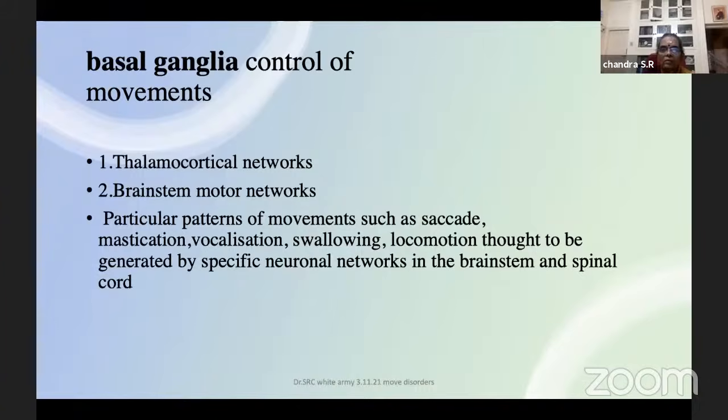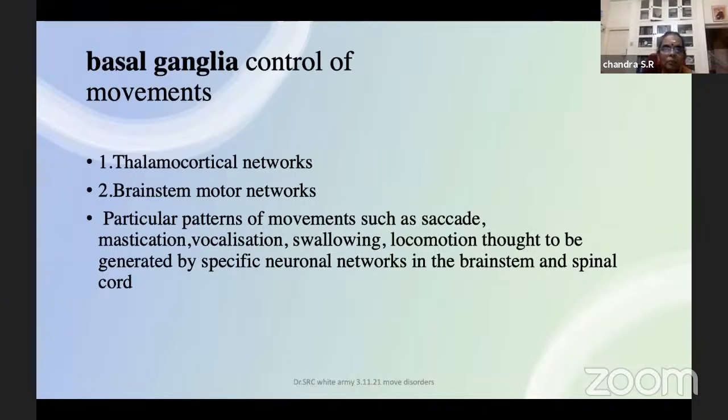From the brainstem to the spinal cord is the brainstem motor network. That is the final executive organ. And the cognition, planning, goal setting, inhibiting, facilitating is through the thalamocortical network. That's why I told all the 5 circuits are pallidothalamo-cortical. So it's an extensive thalamocortical network for the cognitive association, and brainstem motor control for execution.